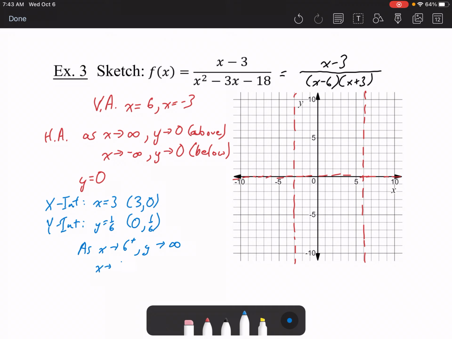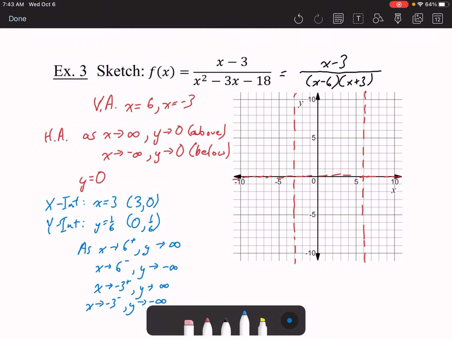As x approaches 6 on the left, y approaches negative infinity. As x approaches negative 3 on the right, y approaches positive infinity. And as x approaches negative 3 on the left, y approaches negative infinity.